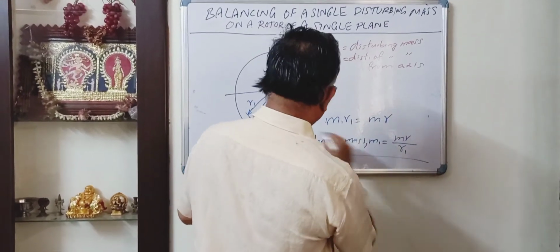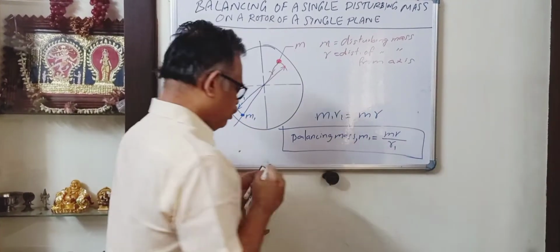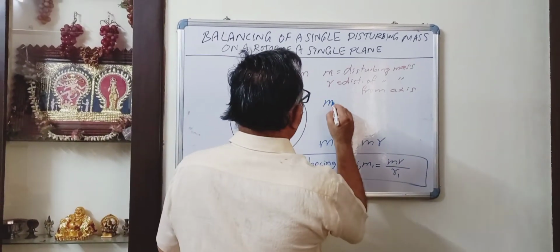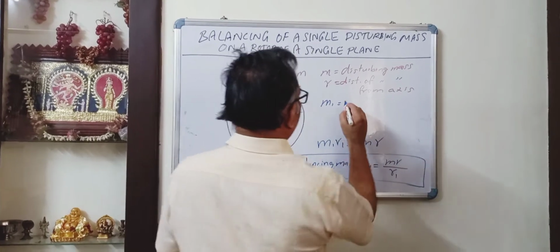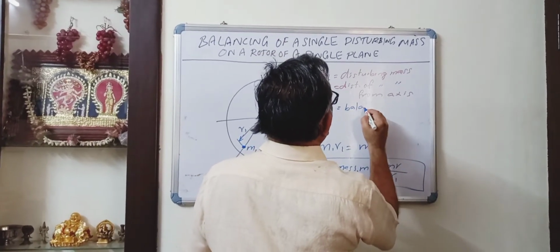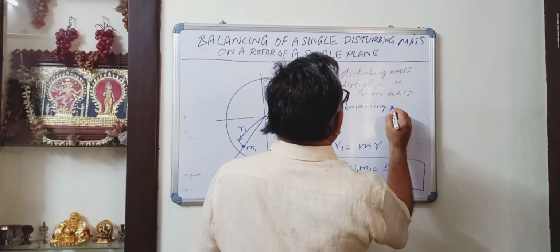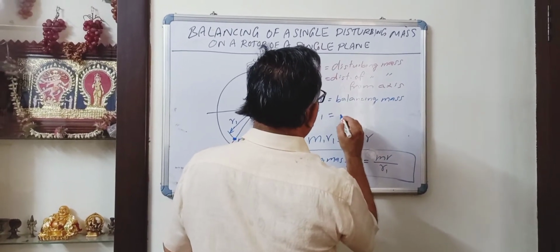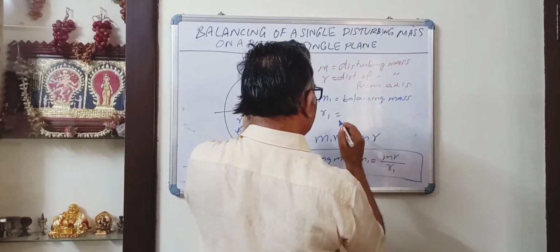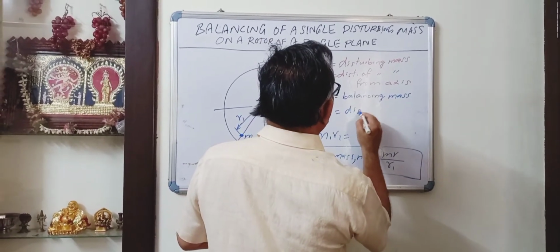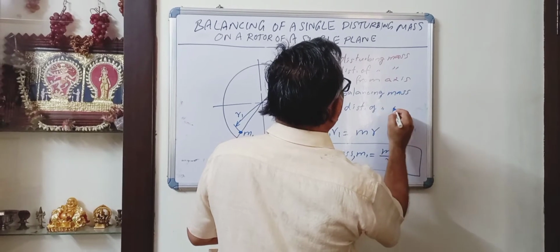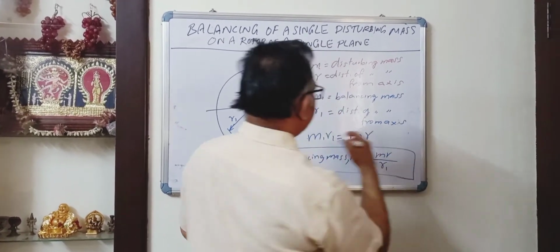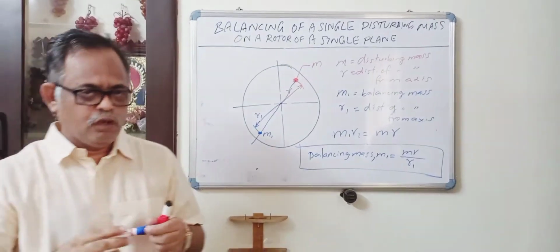This is the governing equation. So let me write what m1 is: m1 is the balancing mass, and r1 is the distance of the balancing mass from the axis.